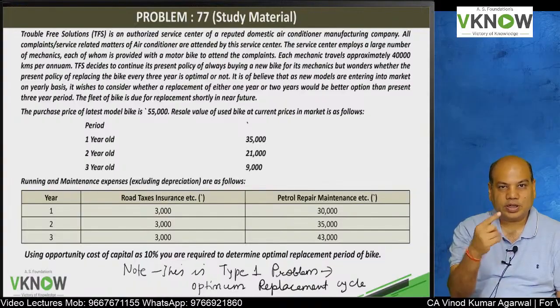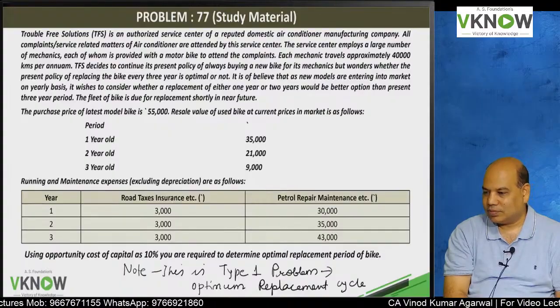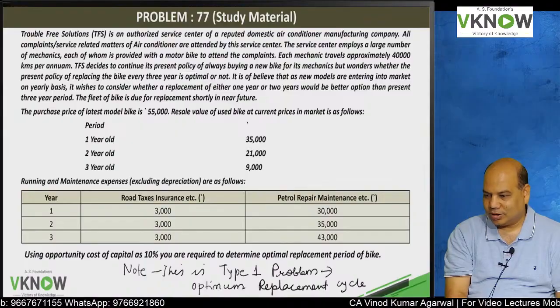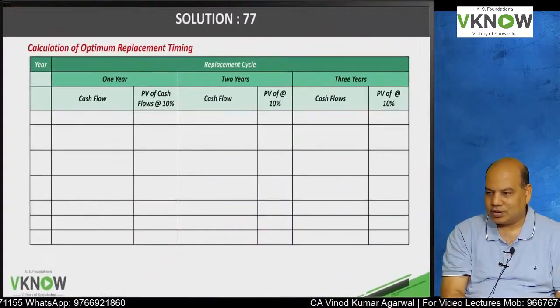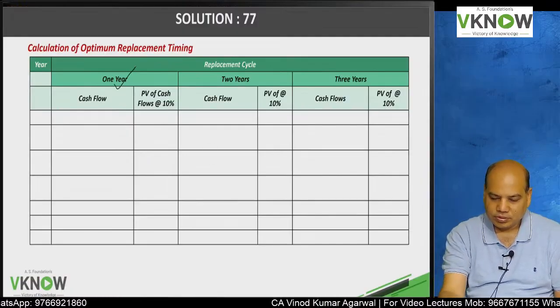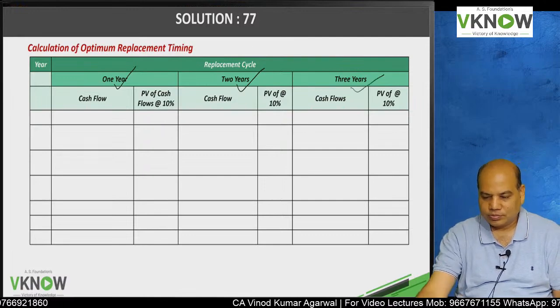Should I prepare 1 table only or 3 tables? Tell me. I am going to prepare all the 3 answers in one single table, and we can easily compare also.